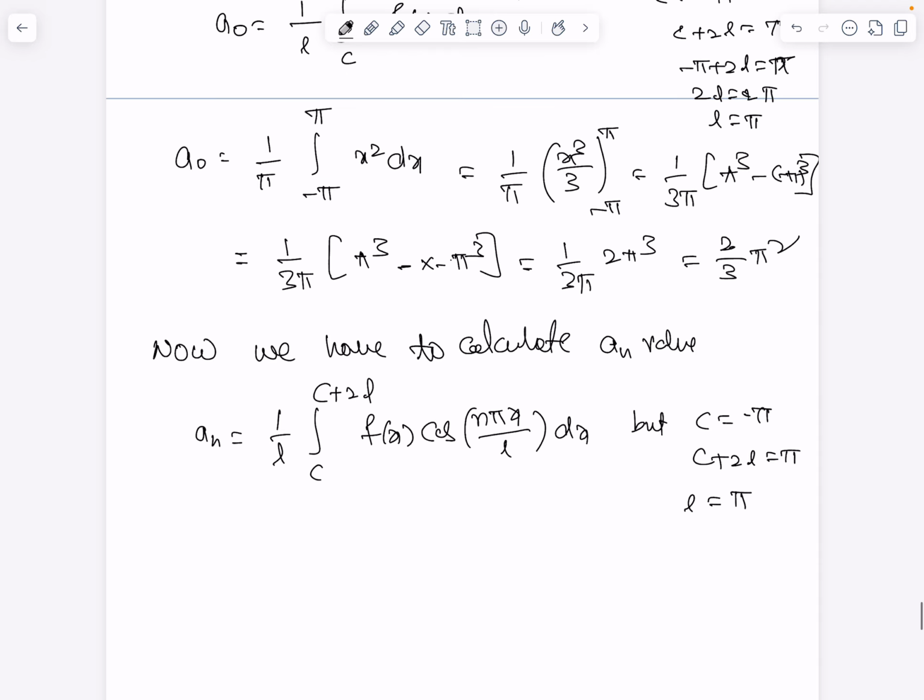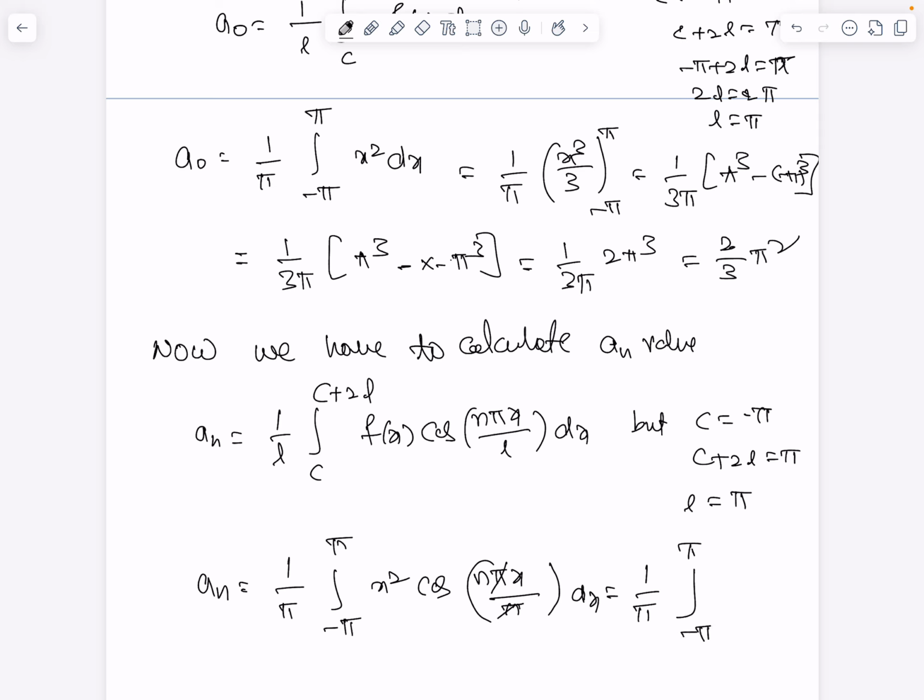By substituting all these values in an, we will be getting integral from minus pi to pi, f of x is equal to x square, and cos n pi x by pi dx. Pi cancels, which is equal to 1 by pi, integral from minus pi to pi of x square cos nx dx.